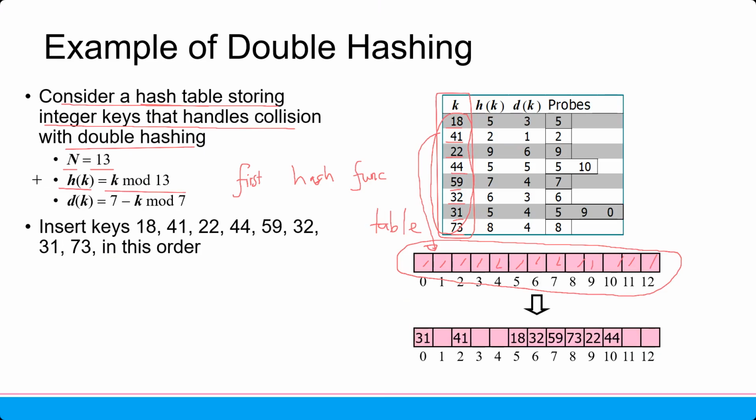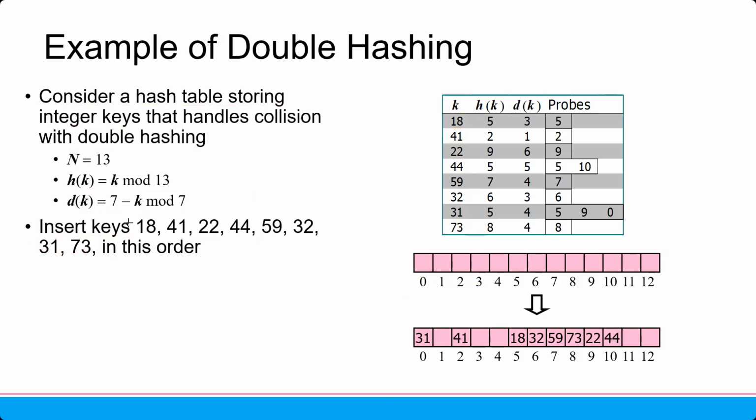If there is a collision, then we will use d(k), the second hash function. So let's try to insert the keys 18, 41, 22, 44, 59, 32, 31, and 73.